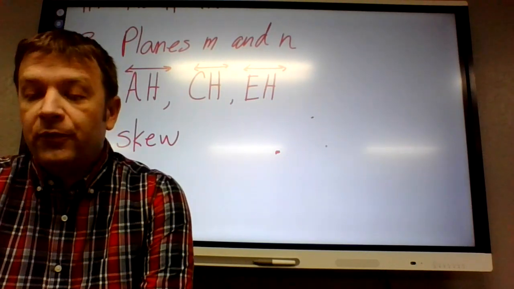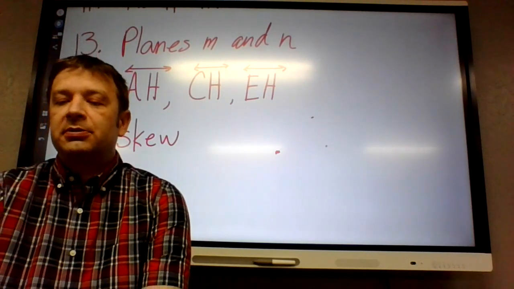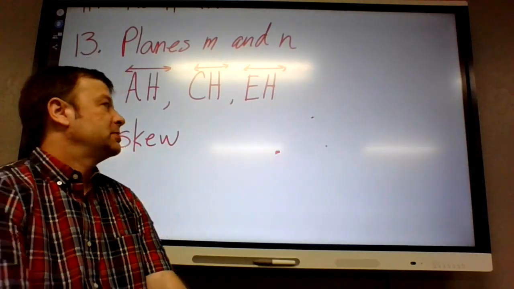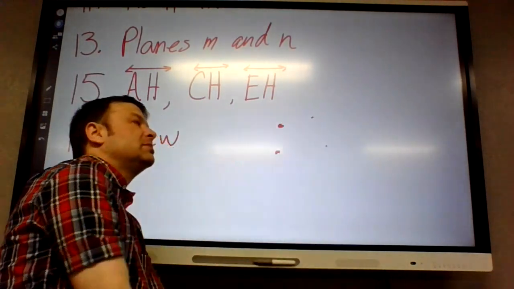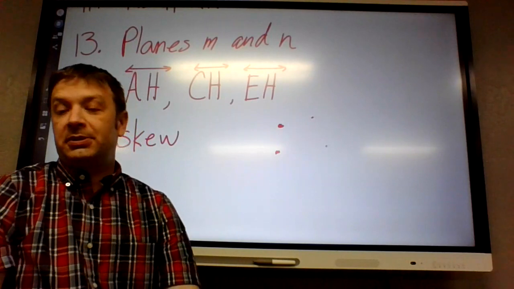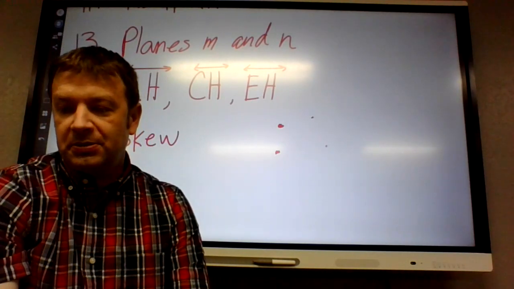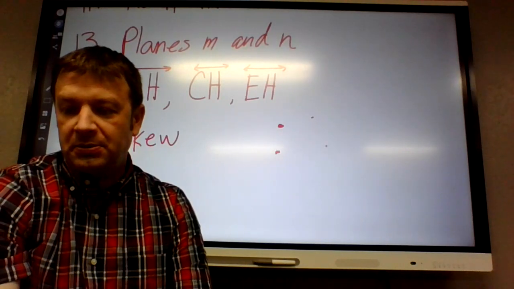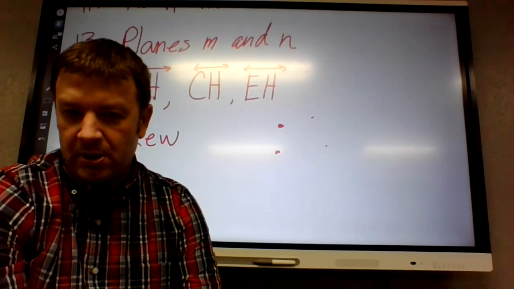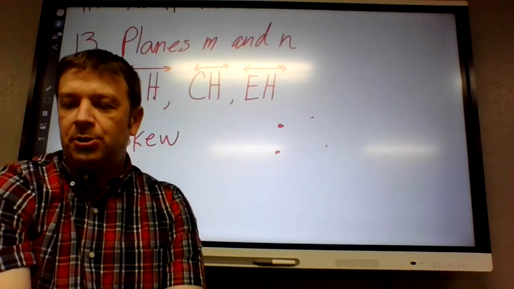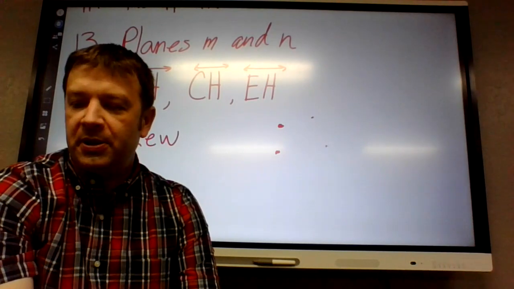36, right? 4 points are coplanar. Never. Always. Sometimes. And 2 intersecting lines are, this might be tricky.